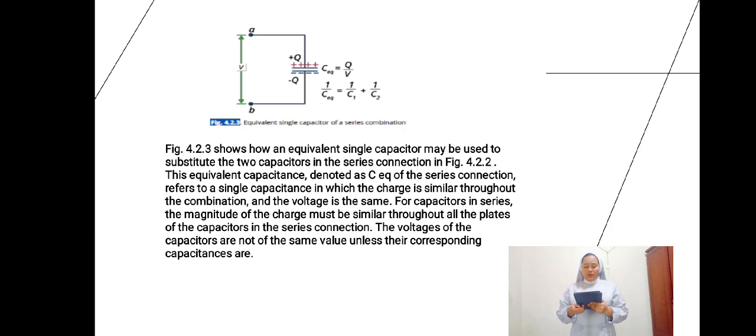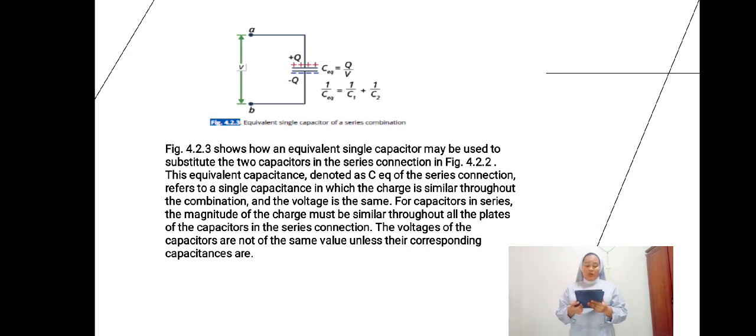This equivalent capacitance, denoted as CEQ, of the series connection refers to a single capacitance in which the charge is similar throughout the combination. For capacitors in series, the magnitude of the charge must be similar throughout all the plates of the capacitors in the series connection.